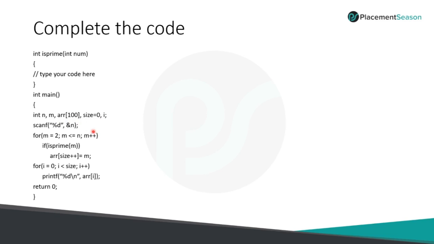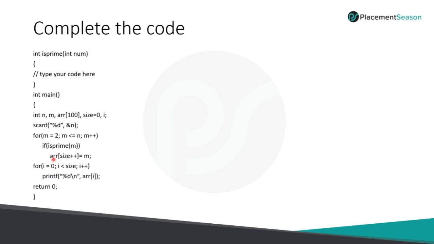You get a value called n and you're checking if each number from 2 to n is prime or not. If it's prime, it's getting assigned to the array. Okay, this is what the main function does.